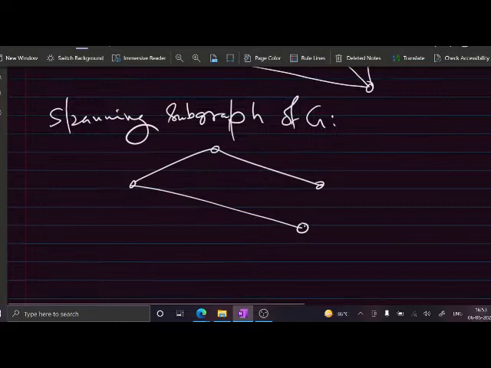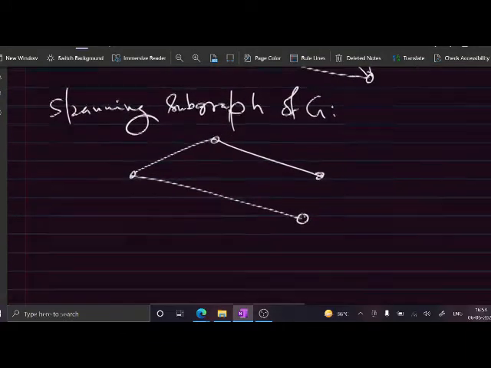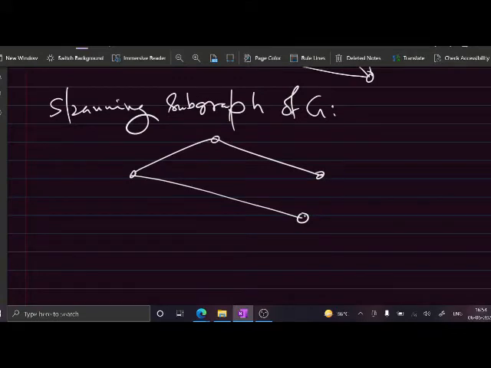Now from a spanning subgraph we need to construct a spanning tree. That means it should be connected and acyclic, free of cycles.